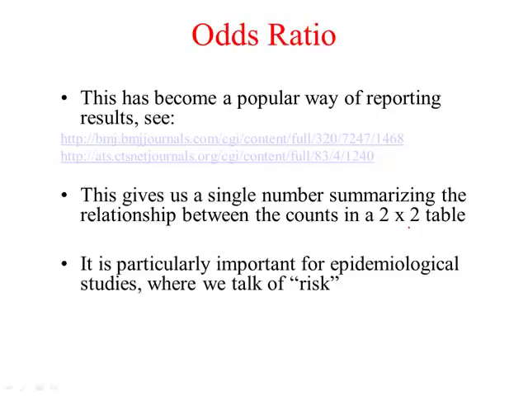It's particularly important in epidemiological studies, which are related to issues of health, transmission of disease, control of disease, things like that, where we're talking about the risk of illness. And the odds ratio is the way that we report our effect size for our chi-square test.